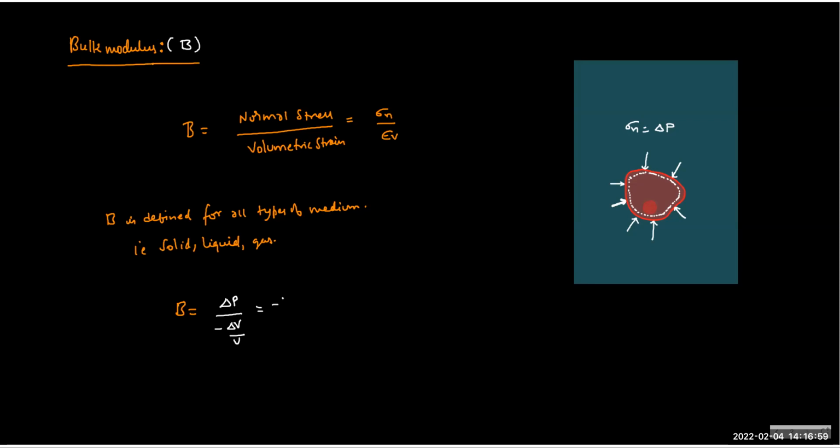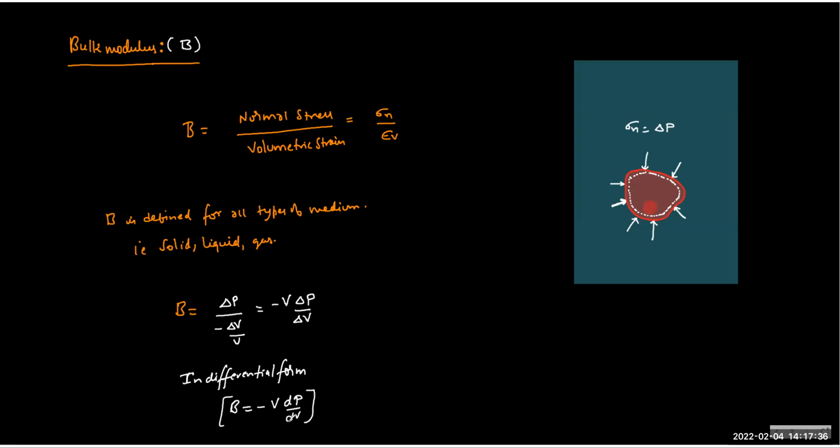This you can also write as minus V delta P by delta V, but we prefer writing in the differential form. In differential form, you can see it's a differentiation of pressure with respect to volume, multiplied by the actual volume without deformation.